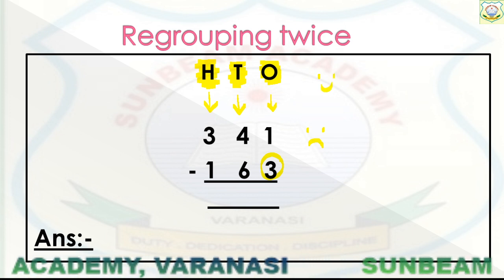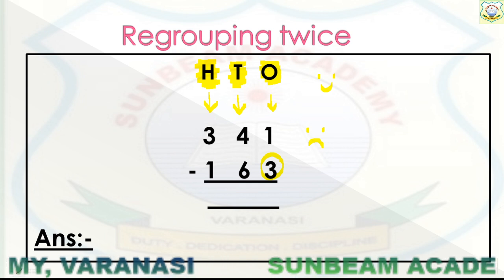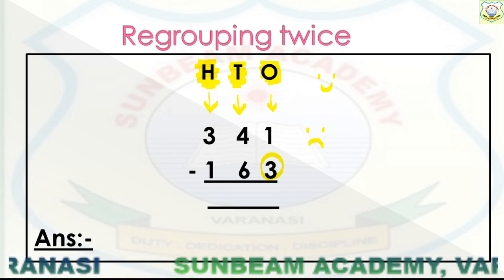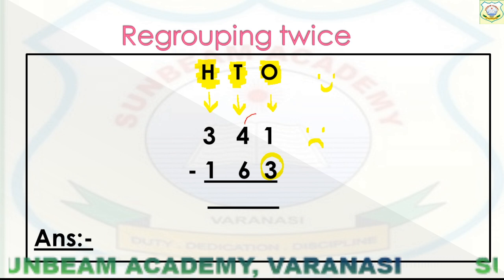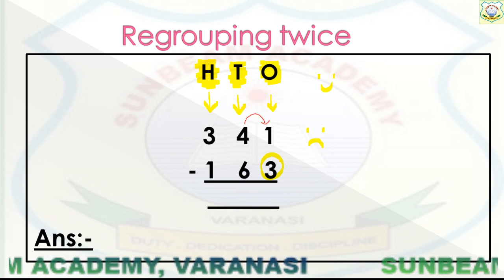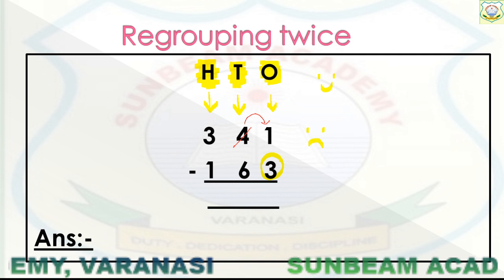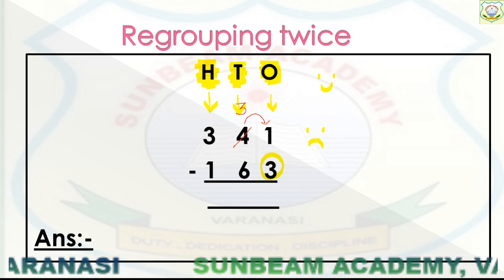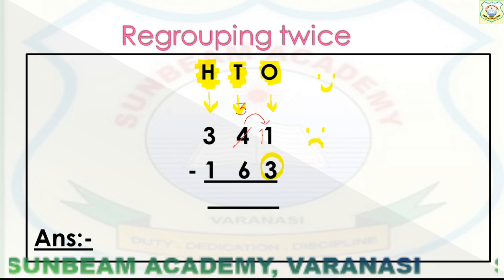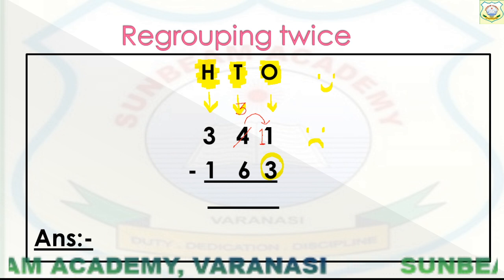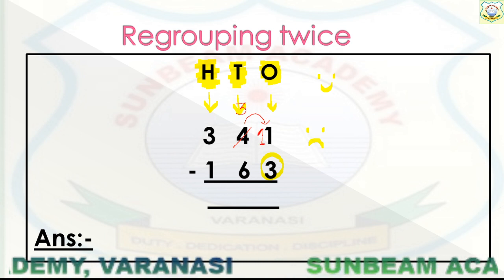Now let's take the pen. 4 will give a borrow to 1. Now this will become 3 and this will be 11. Now this 1 becomes a strong number, right?